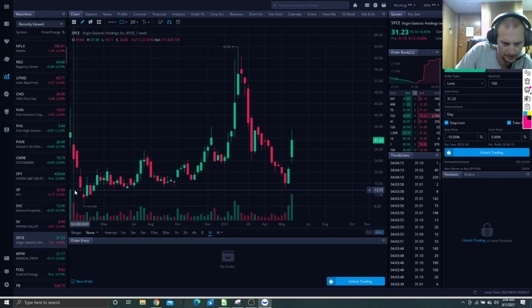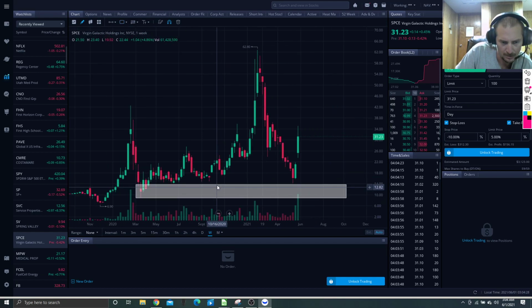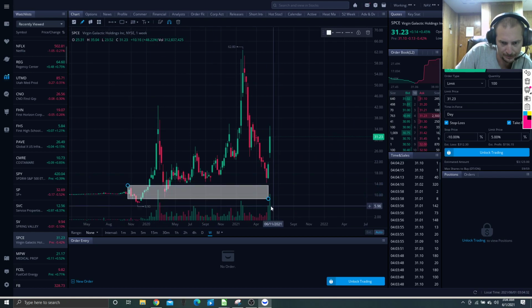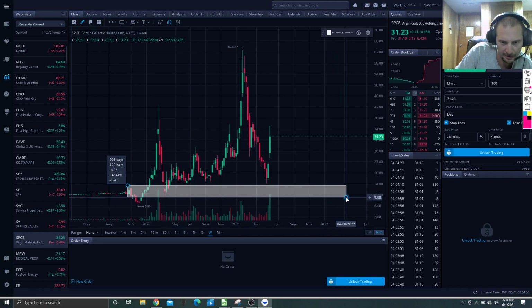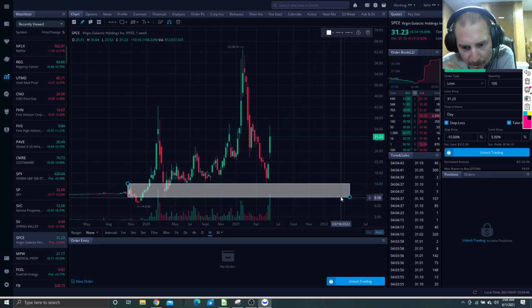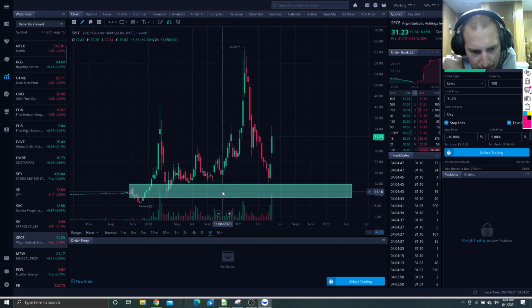So what we're going to do is enclose all of this price action in our little box here. Now we have a more accurate area. And I personally like to color these. So this is obviously support. So let's make our weekly support level green.